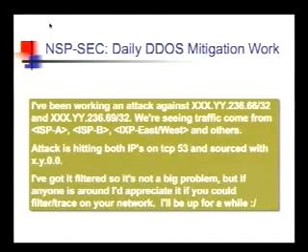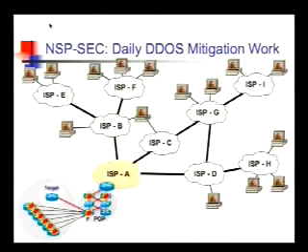I've got it filtered, so it's not bothering my customer anymore, but it's still pummeling my routers. Could folks please take a look-see and do some traceback to see if you can push this all the way down to its source and remediate it? So that's just an example of the kind of email traffic that we see on the NSP SEC list. Very routine, mundane, operational, but it's effective and gets the job done.